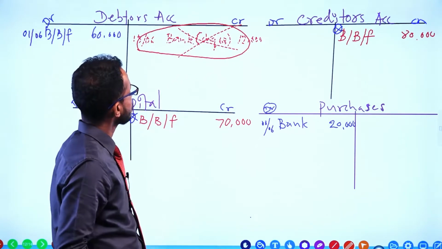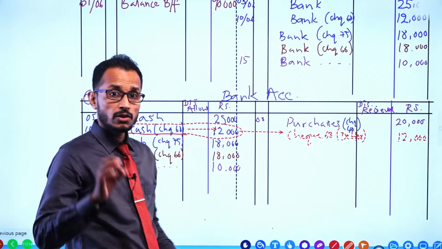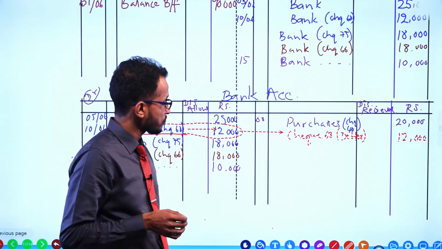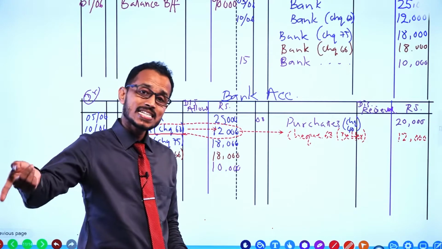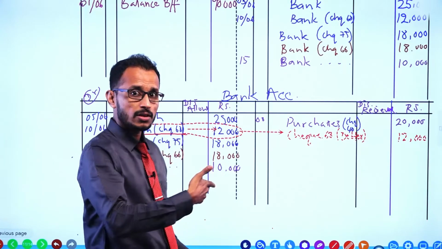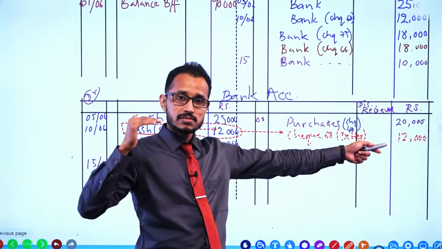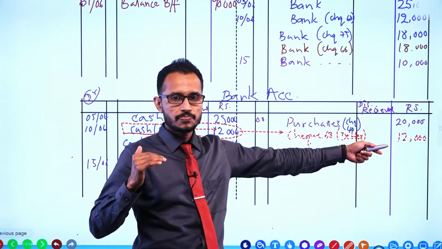It's wrong because at this instance, the check is dishonored, which means the check is returned back to us. So the bank balance is decreasing.